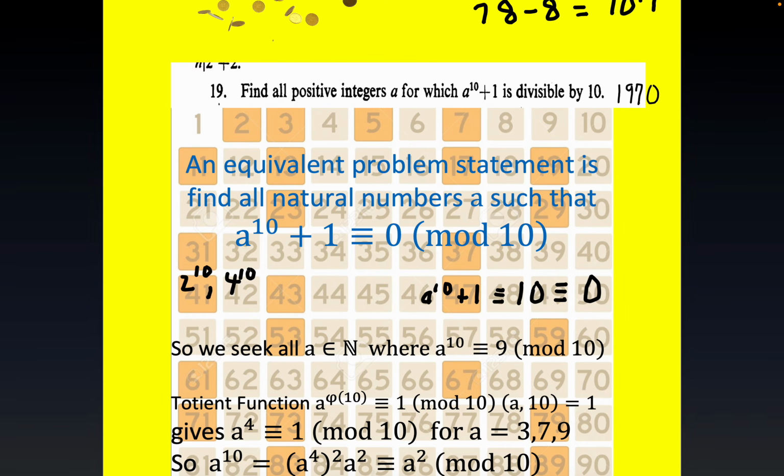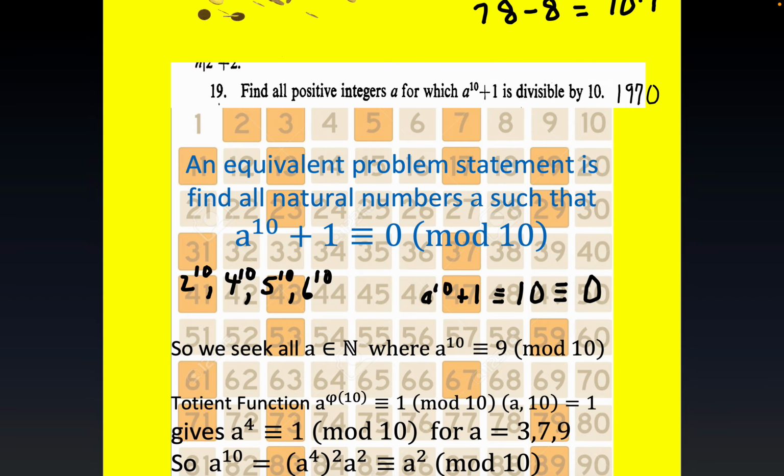There's no way they're going to leave a remainder of 9 when you divide by 10, right? And the same with 5 to the 10th, because 5 raised to any power ends in 5. The same with 6. 6 raised to any power ends in 6. We know that just from common experience.